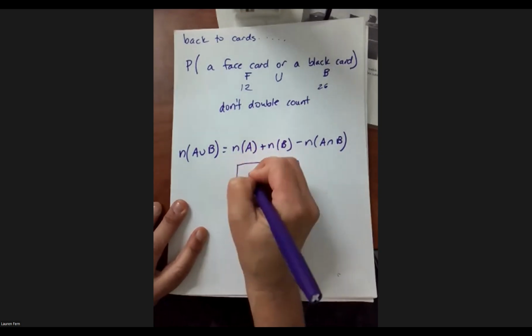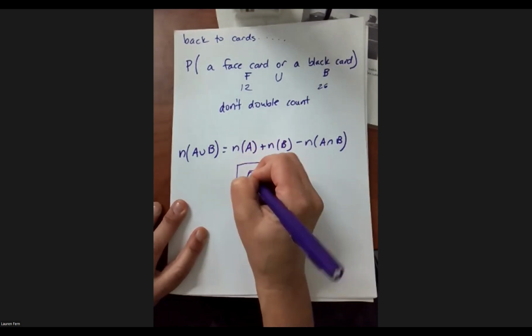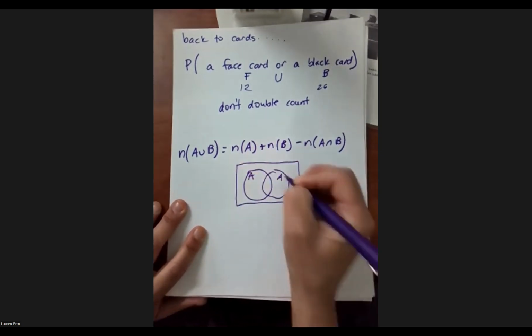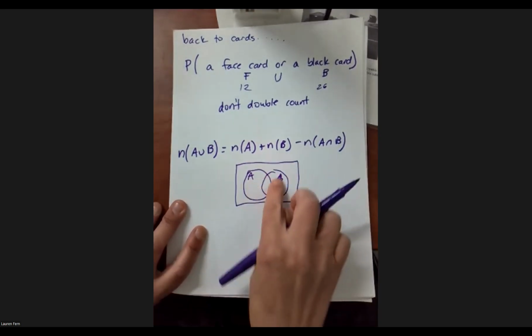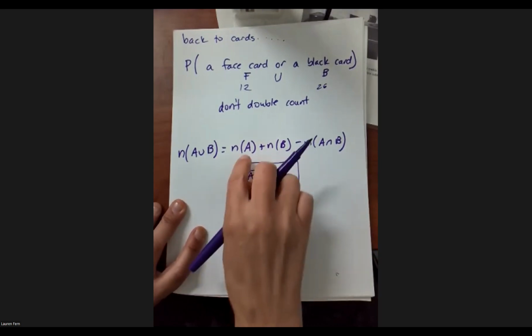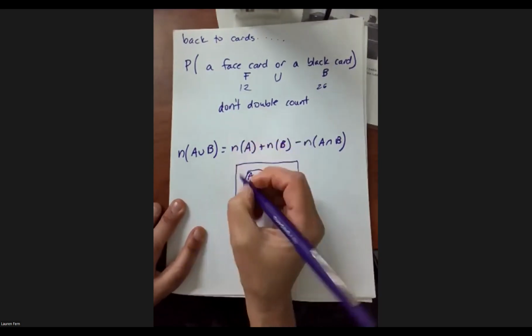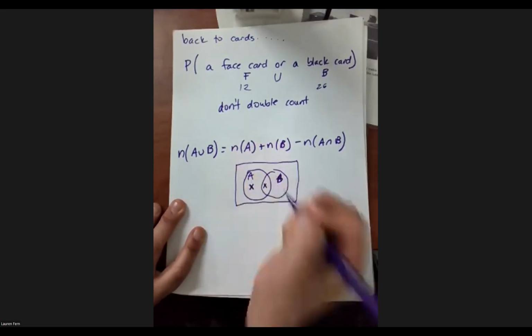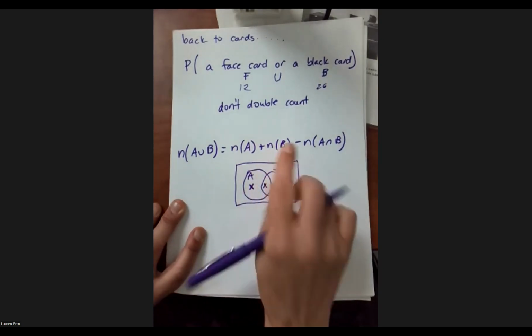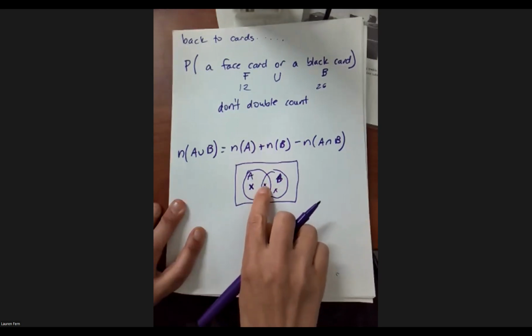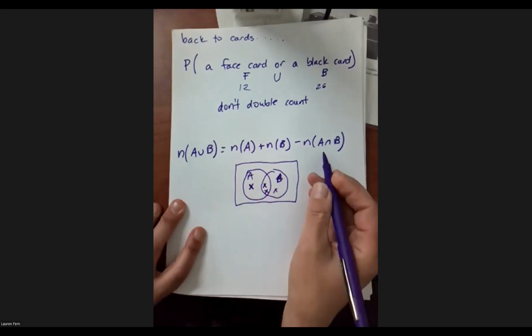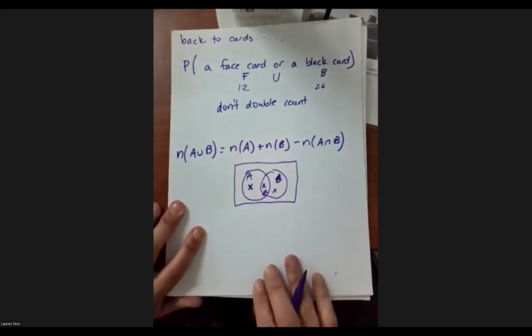If you want to talk about the union, that's these three regions. If you take the number in A, that's this and this. If you take the number in B, that's this and this. But notice we double counted these, so that's why you subtract that off.